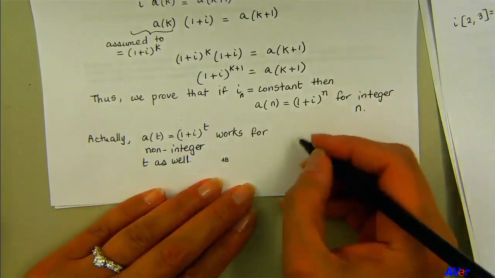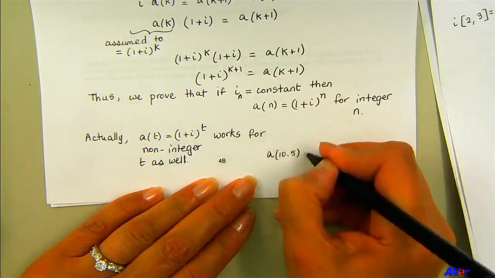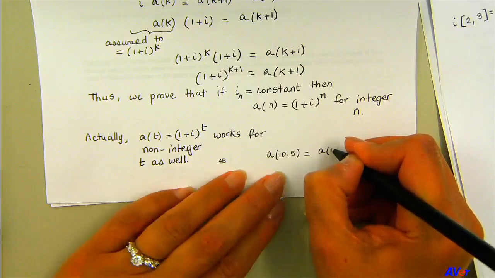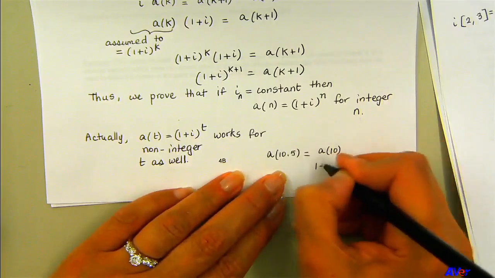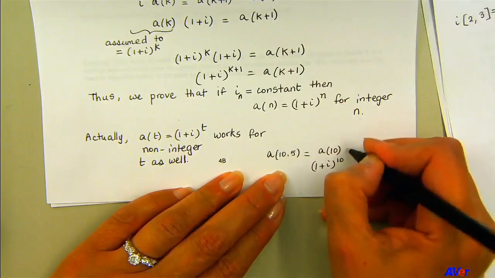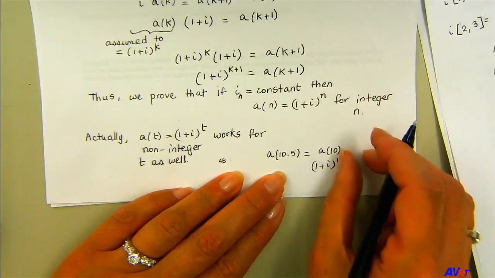What do I mean by that? I mean that if I was looking for a of 10.5 years, this would be equal to a of 10, which is (1 + i)^10, times a of 0.5, a of the rest.